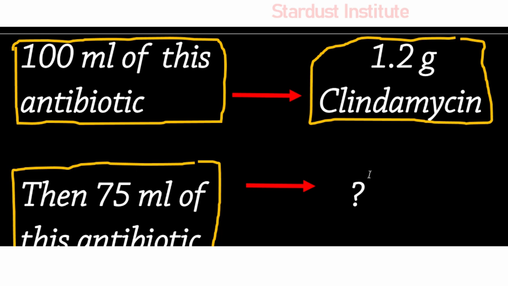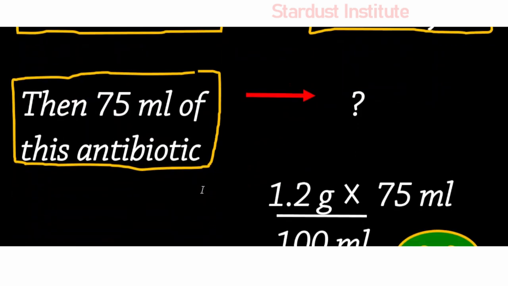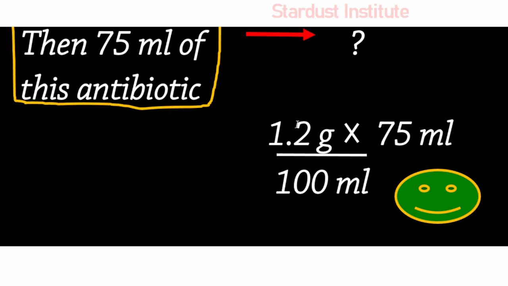You can find the answer in this way: 1.2 grams divided by 100 milliliters, multiplied by 75 milliliters.